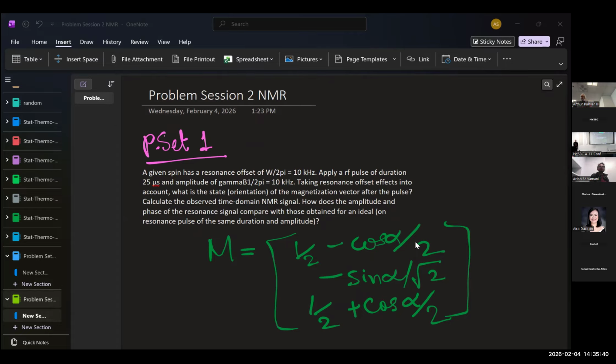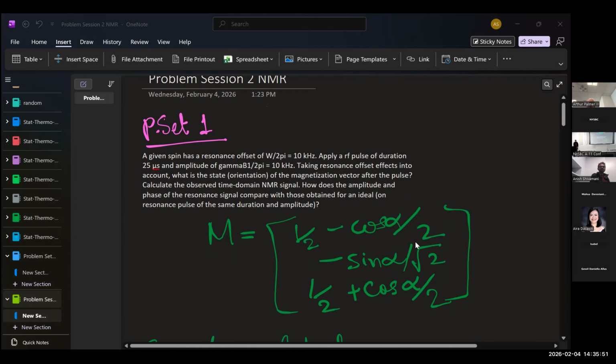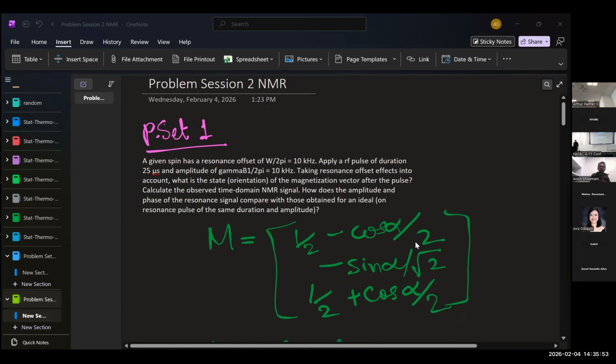Okay, so I wanted to continue where we stopped last session, which was the last problem in problem set 1, where we were looking at off-resonance effects of 90-degree and 180-degree pulses.